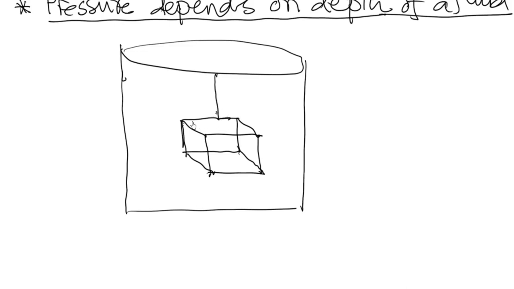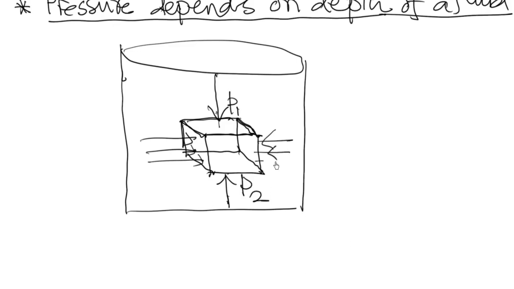There will be a pressure on the top face of this sample. We call this pressure P1, and there will also be a pressure on the bottom face of the sample. We call it P2, and the pressures on the opposite sides of the sample will cancel.